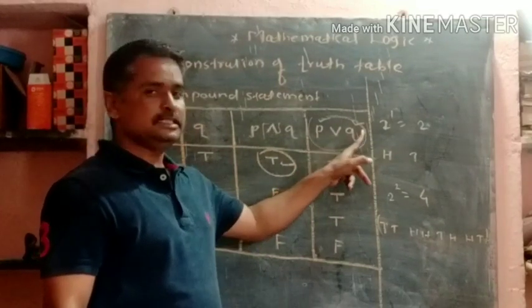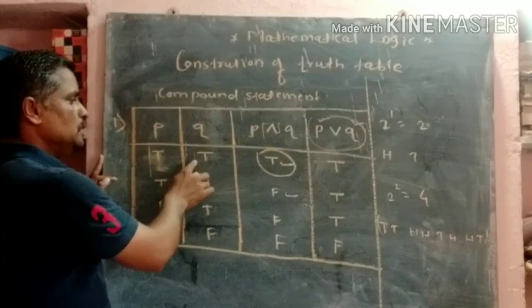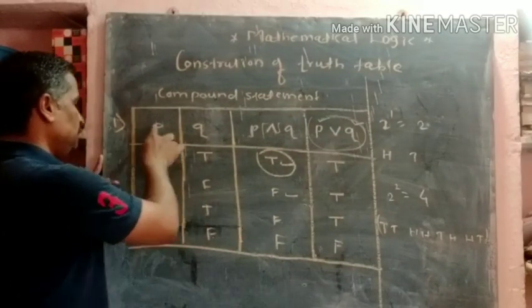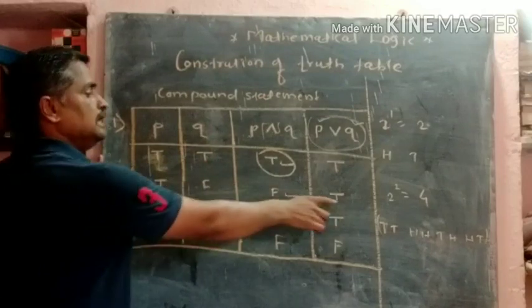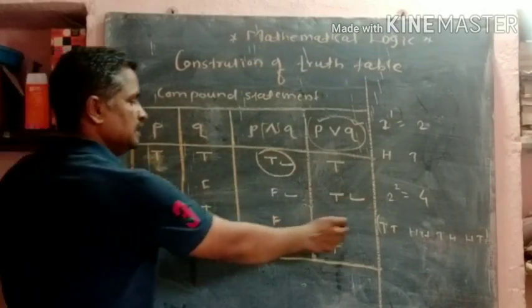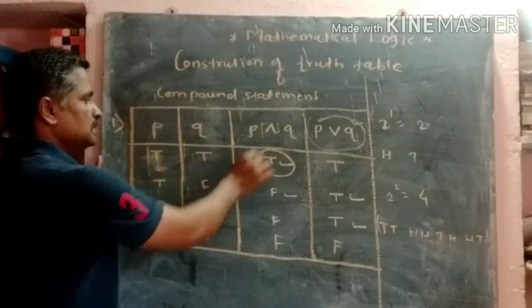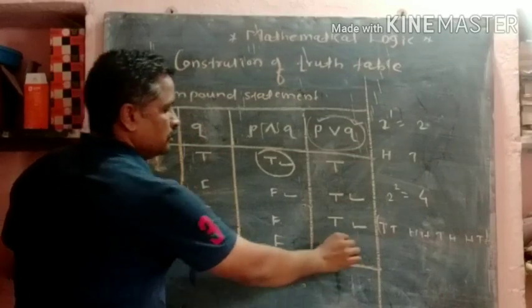P disjunction Q has value T if P is T, Q is T; P is T, Q is F, then it is also T; P is F, Q is T, then it is T; P is F, Q is F, then it is F.